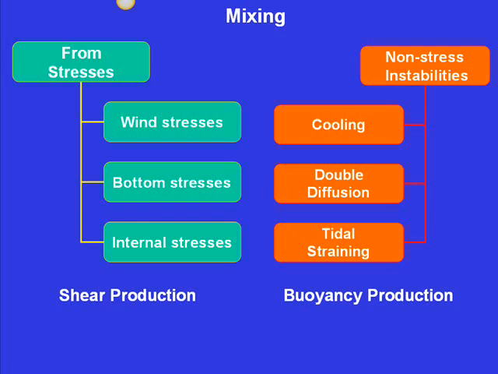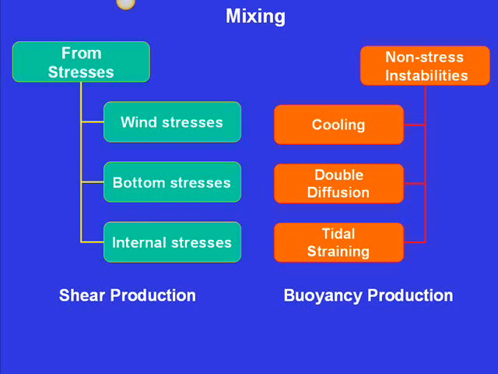Tidal straining is the interaction of the vertically sheared tidal flow with the horizontal density gradient in such a way that during the ebb phases of the tide, the current strains the density field to stratify it, and during flood, the flood currents strain the density field to cause instabilities at the surface and cause rapid mixing.